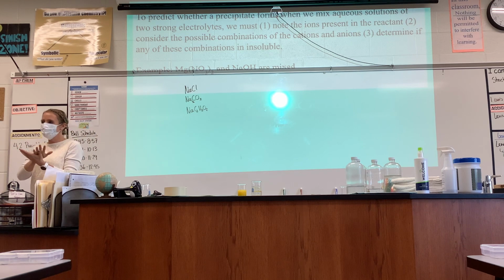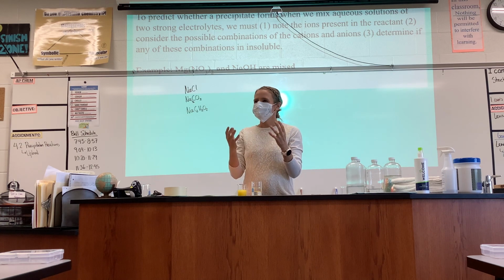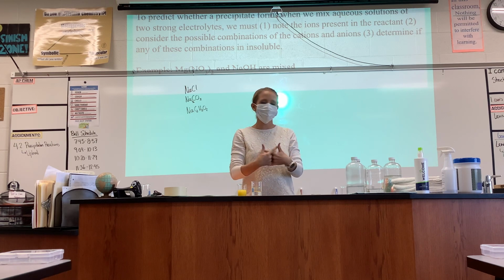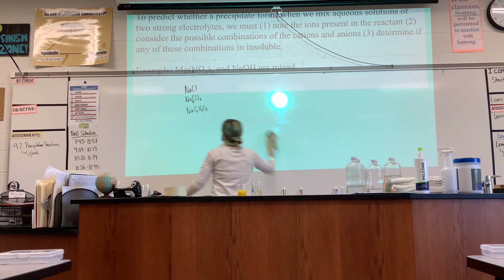Okay, so let's try a problem. First step is we've got to figure out, when something dissolves and breaks apart, what possibilities are there for new combinations on the other side, or in a sense, predicting the products. So step one, I'm going to write my reaction down lower.